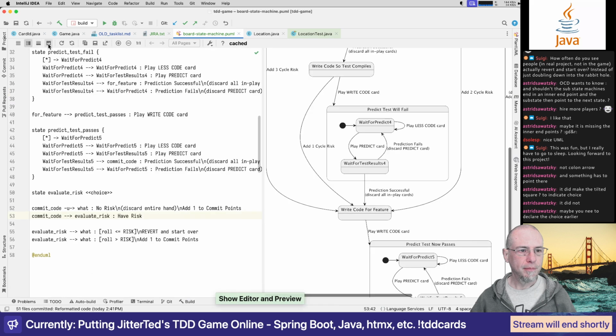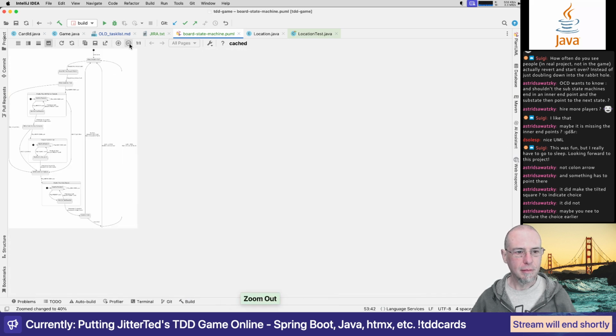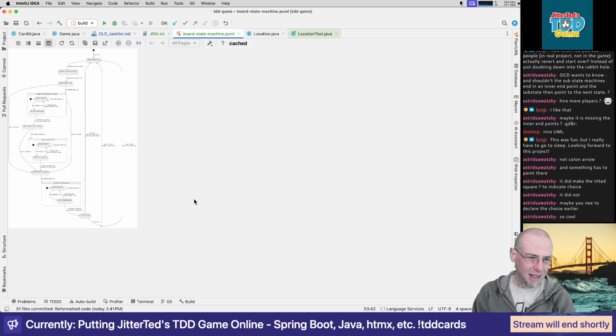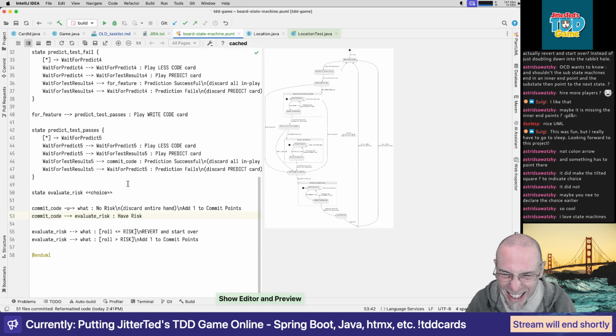Whoops. There it is. It's very tiny. I think write code for feature, I can probably write code for feature, play write code card.